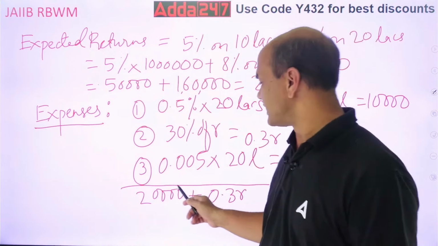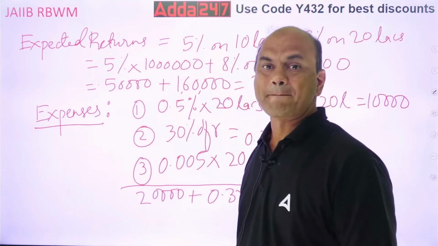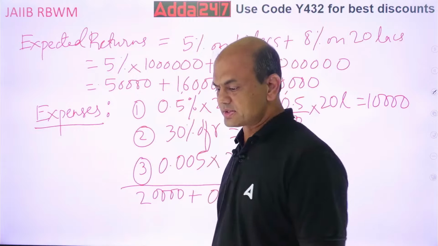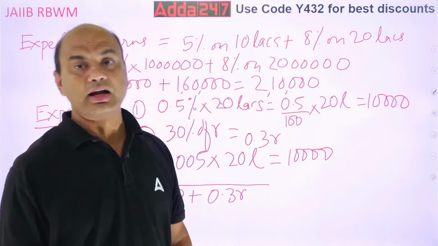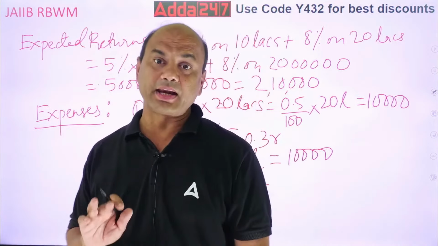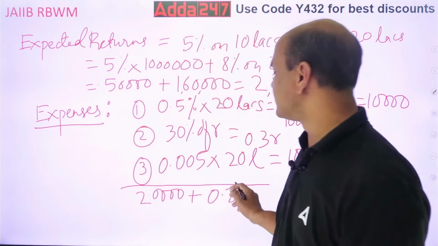How will you match these things? Your gross income is R. Your rent is your gross income, annual. And these are the expenses.